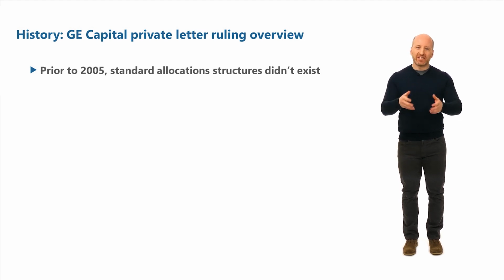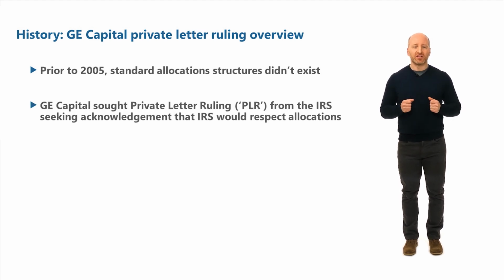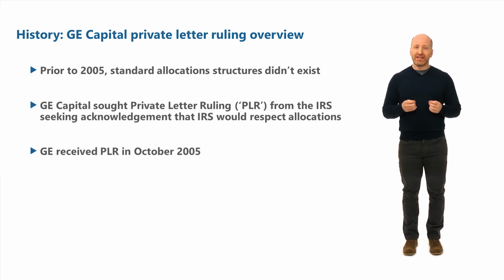The change was initiated by GE Capital, which pursued a private letter ruling from the IRS, seeking acknowledgement that the IRS would respect certain allocations for a tax equity investment in a wind farm that David and I worked on together. GE was fortunate enough to be issued a favorable ruling in October of 2005, and that ruling was released to the public by the IRS in March of 2006.